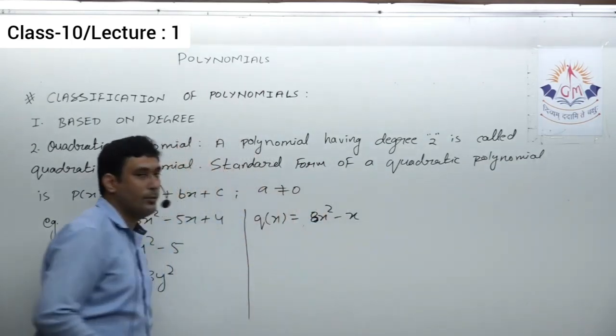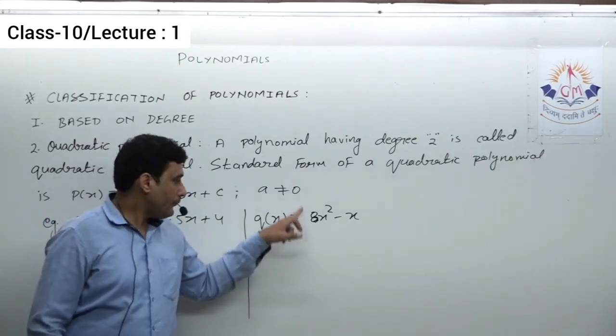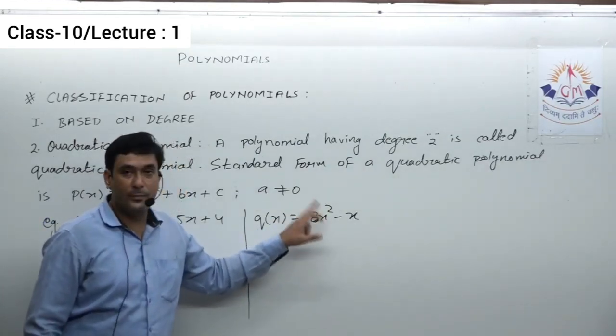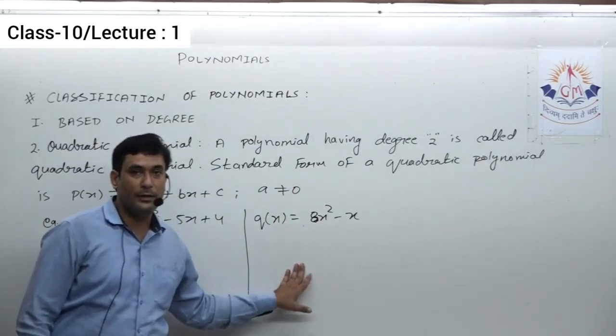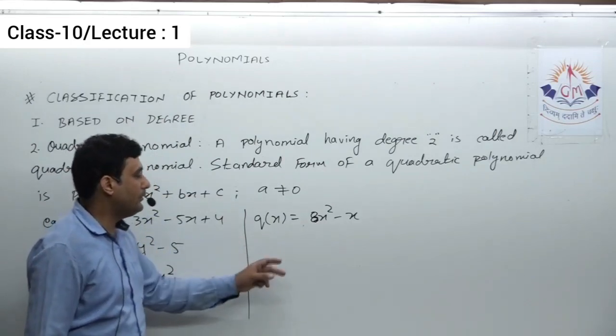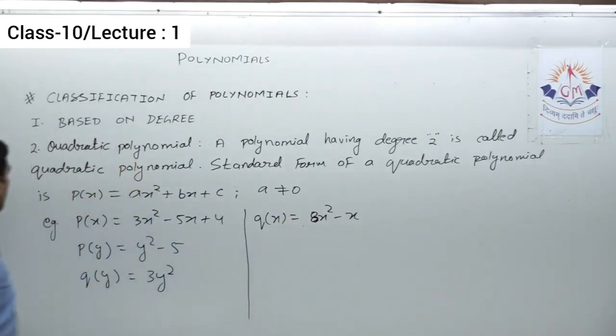This is again a quadratic polynomial. The only thing you have to check is whether the power of the variable is 2 or not. If the maximum power of the variable is 2, it is a quadratic polynomial. In other words, degree is 2, it's a quadratic polynomial. So please note it down, then we'll see the next one.